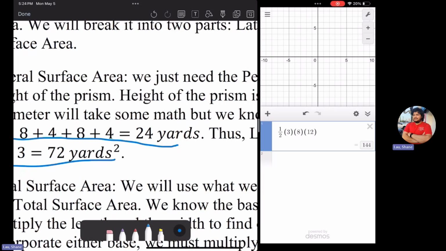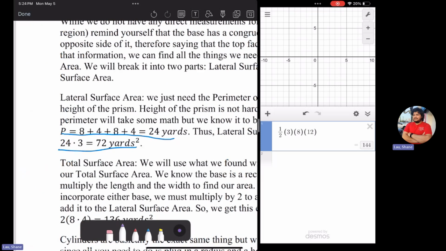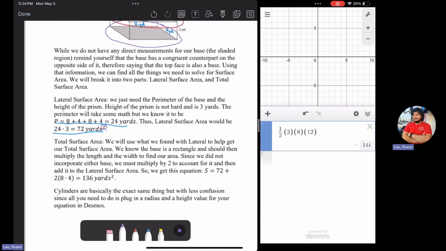Capital P is a length value, therefore it is not squared and it is not cubic. However, if I multiply my height times my perimeter, I will have that squared unit. Again, this is my lateral surface area.